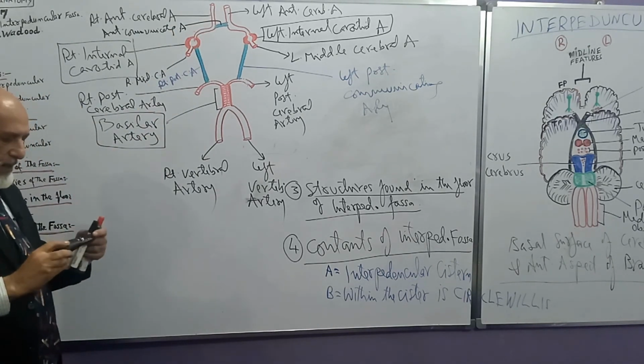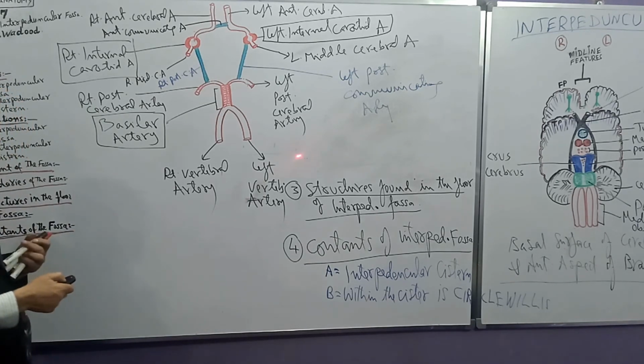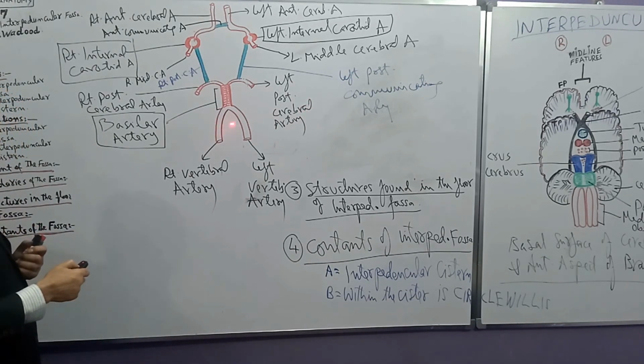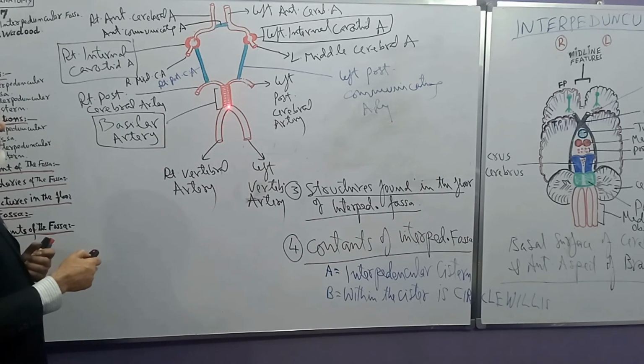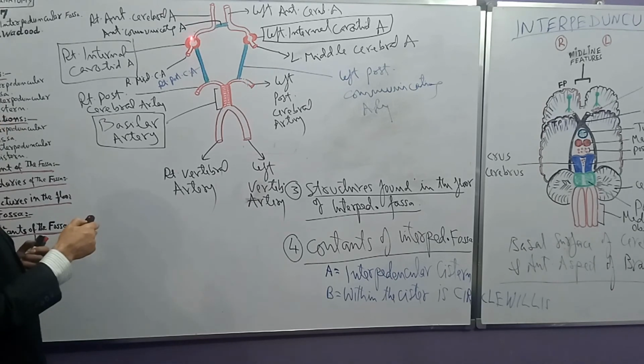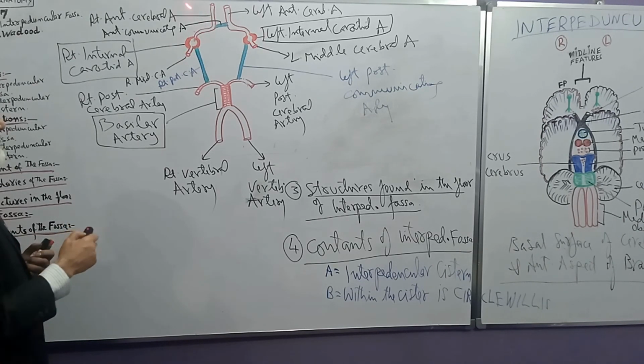So I will again brief about the circle of Willis. The right and left vertebral arteries join together to form a common trunk known as the basilar artery. The basilar artery ends by dividing into the right posterior cerebral artery and left posterior cerebral artery. Then the main vessel on the right and left side is the internal carotid artery, which divides into the anterior cerebral artery and middle cerebral artery.